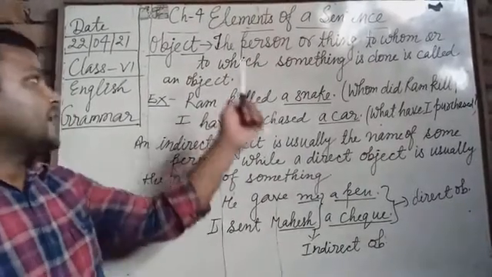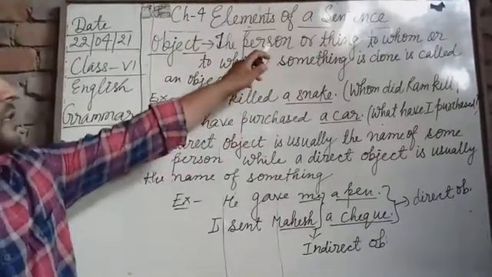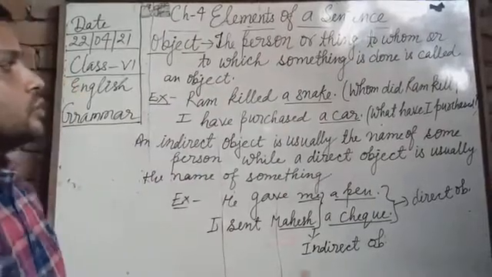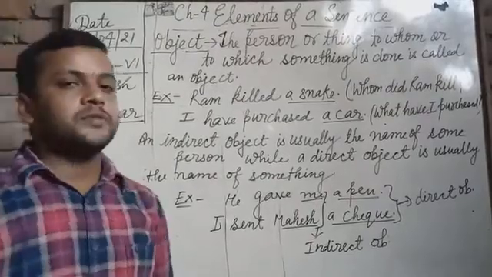So just see here, I have written the definition of object. What is an object? The person or the thing to whom or to which something is done is called an object.